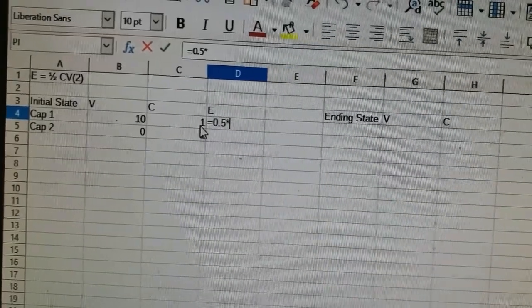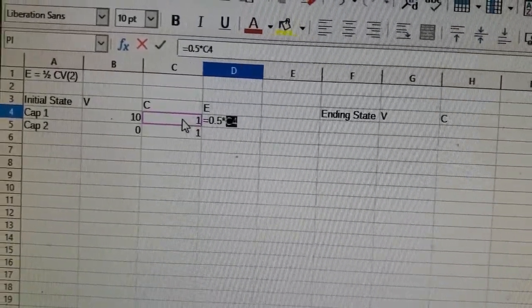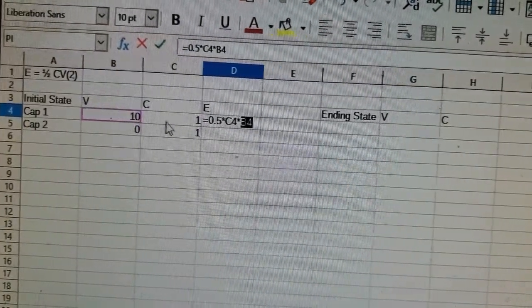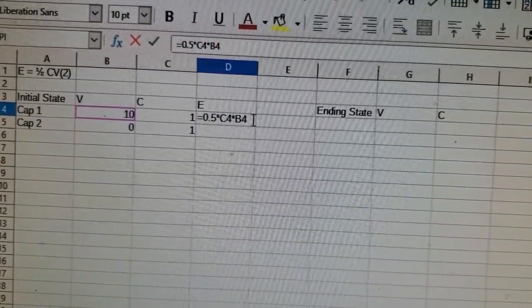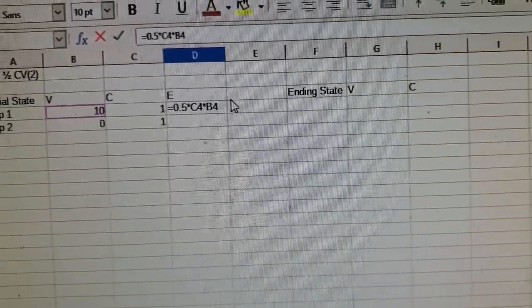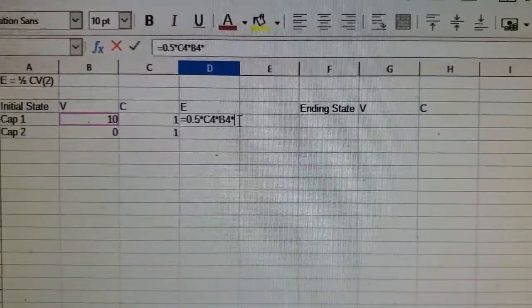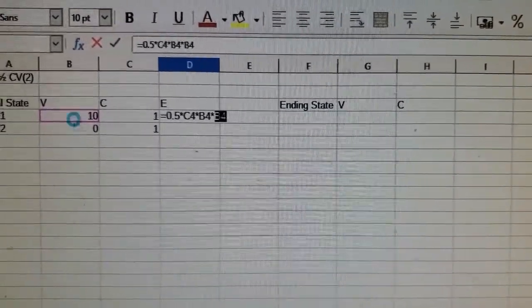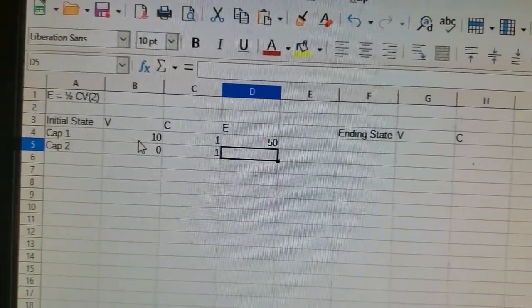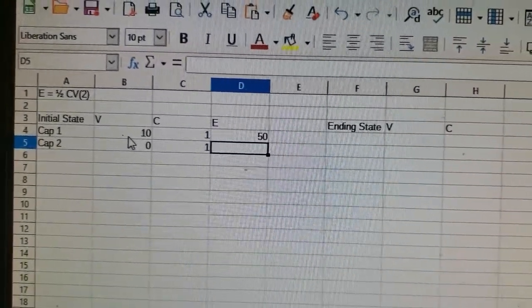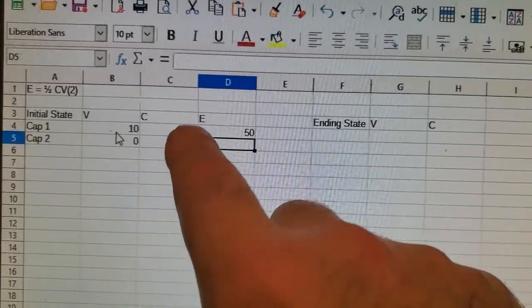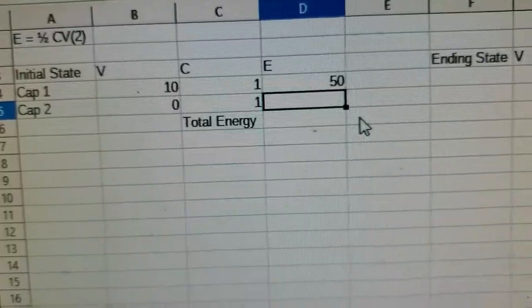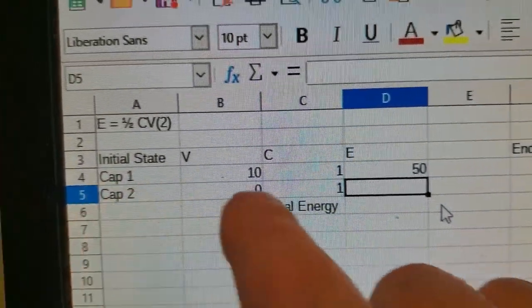times the voltage times the voltage again to make it squared. So 50 millijoules. This is 1 millifarad. So, again, this isn't brain surgery.